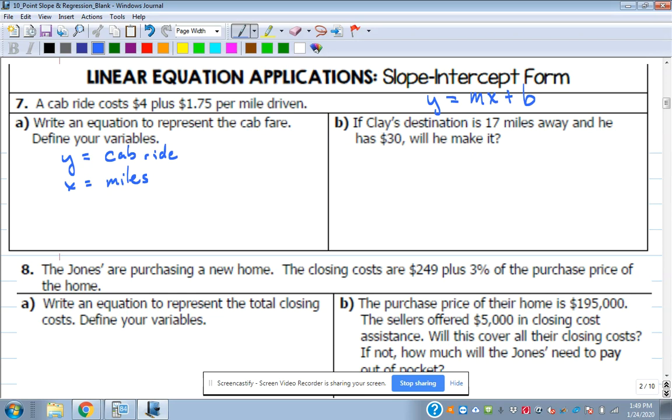All right. Now, looking at those two numbers, $4 plus $1.75 per mile driven, which one of those would be the slope and why? Why would you say 4 is the slope? Give me a good, valid reason for that.